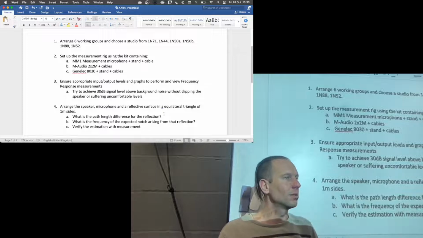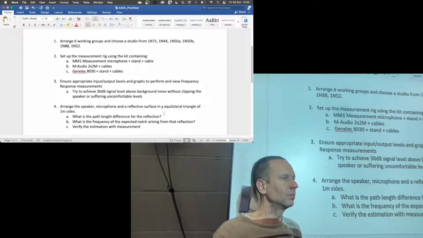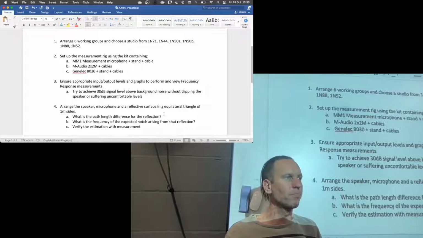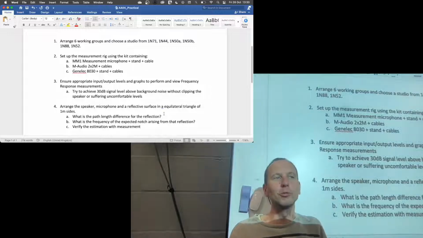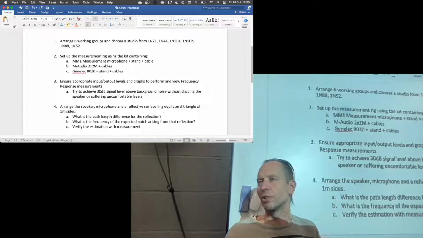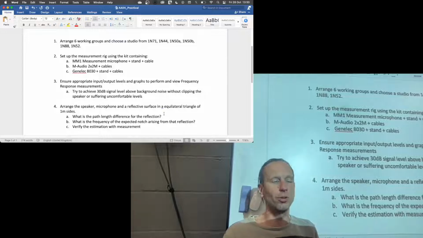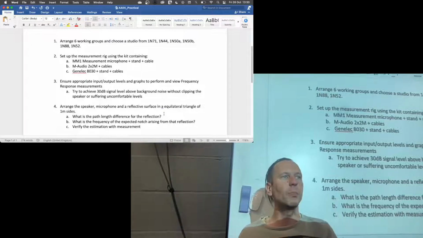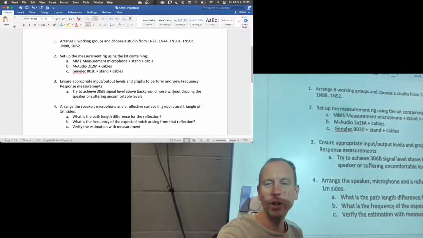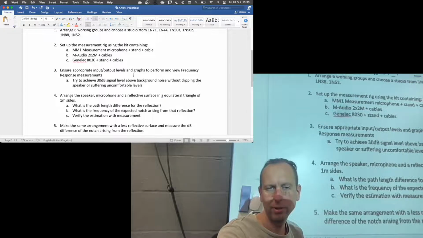So essentially you want mic, speaker, wall, equilateral, all the same sides. Yes, all the same sides. I thought this would be the simplest thing to set up. We're not quite studying geometry and constructing triangles. It could be cool, in fact, there's a bit where you can engage with that. But this will be our basic setup, 1 meter each. And then we're going to measure.